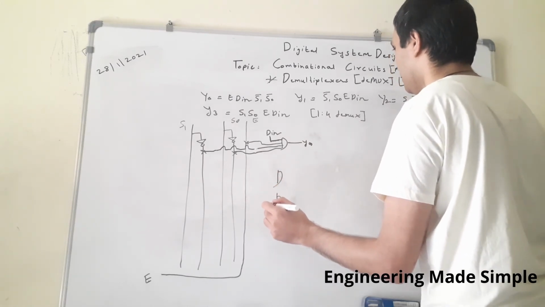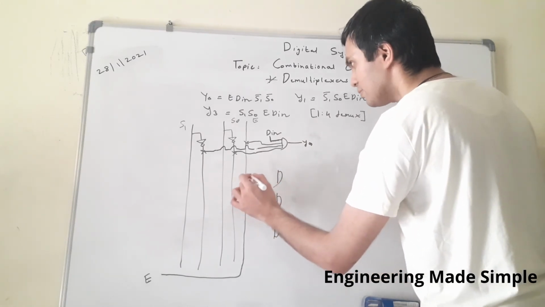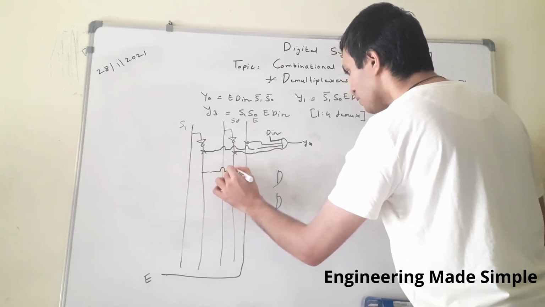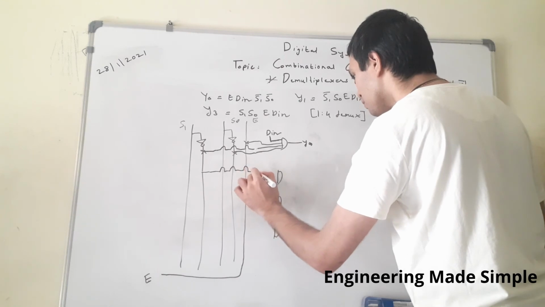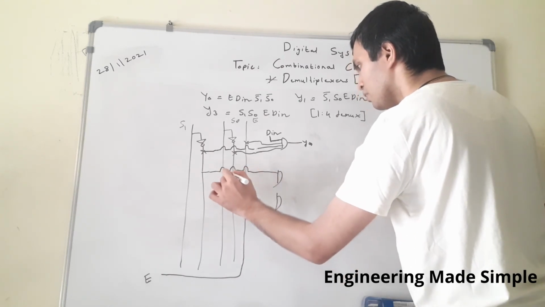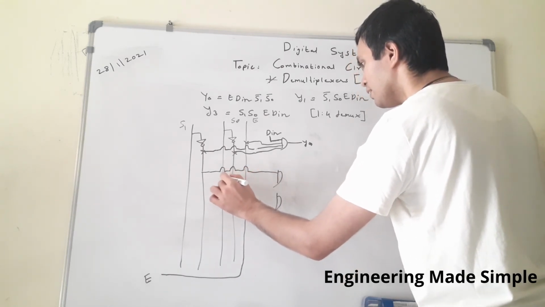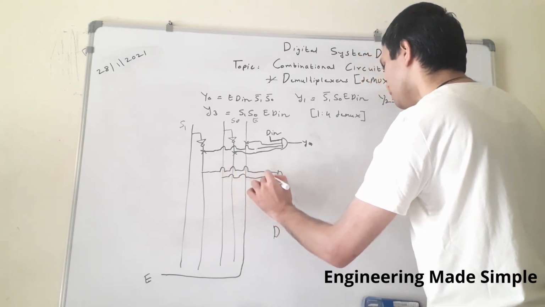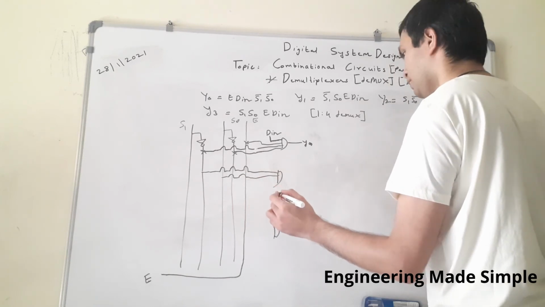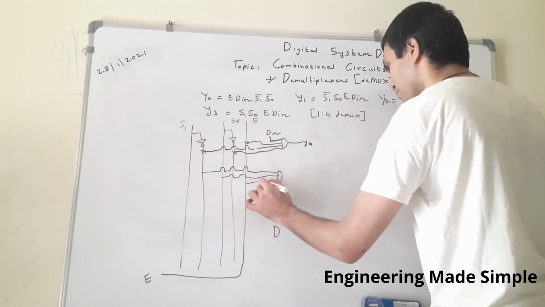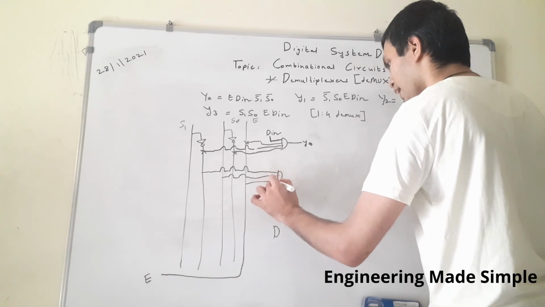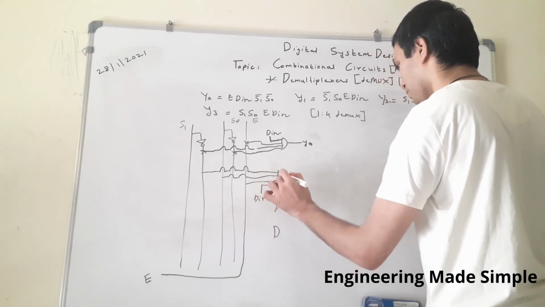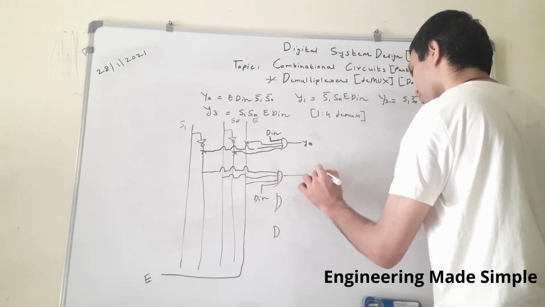Now the next term, S1 bar S0. So S1 bar will be here, then S0, and the enable input we will tap, and here we need the data input D_in, and from this we obtain Y1.